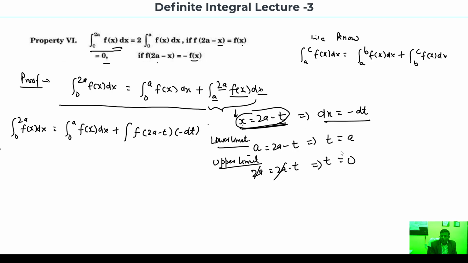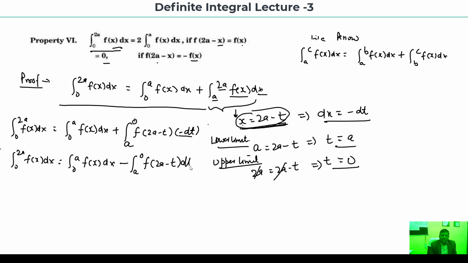The limits for t: lower limit is a, upper limit is 0. Again rewriting this, the integral from 0 to 2a of f(x) dx is equal to the integral from 0 to a of f(x) dx minus the integral from a to 0 of f(2a minus t) dt.